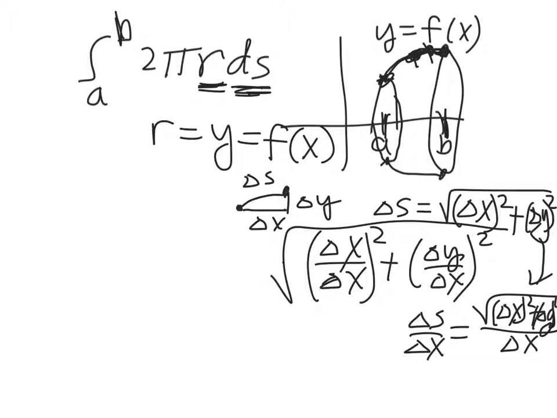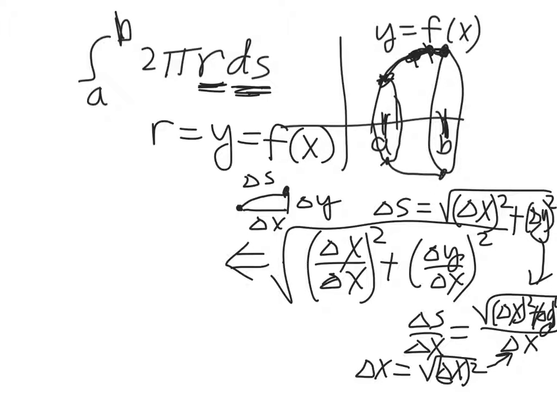To get that delta x into the square root, delta x is the same as the square root of delta x squared. So plug that in here, and we have this square root divided by our delta x squared under the square root, and we can combine it into this. Now as we allow delta x to approach 0, that turns into the definition of our definite integral.